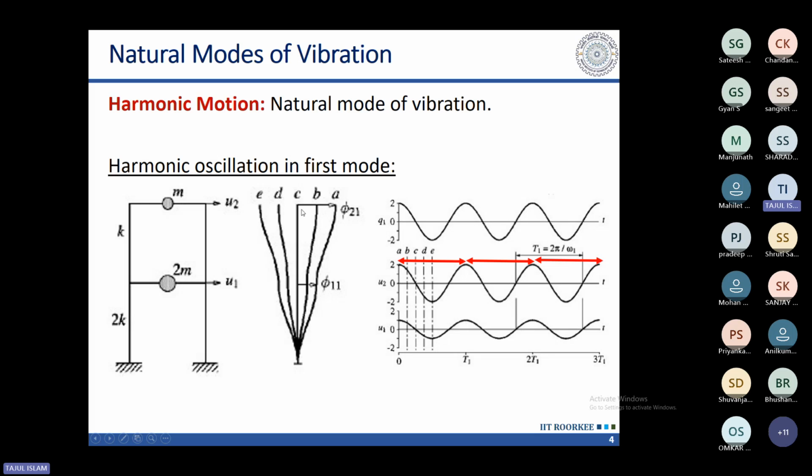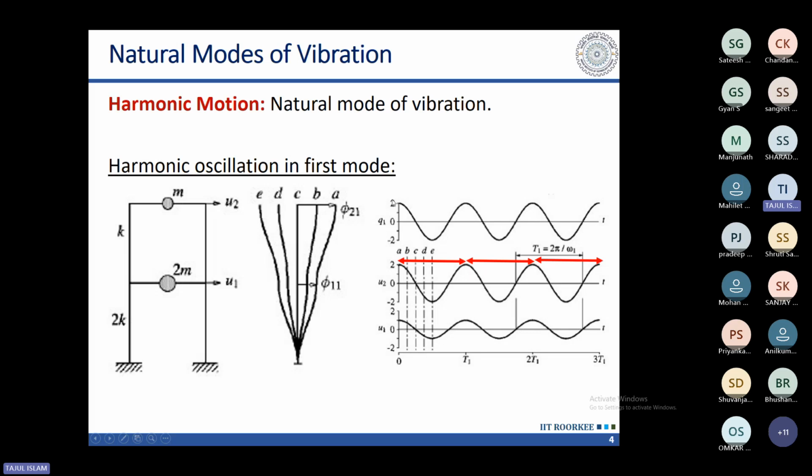This oscillation means coming in this direction, then going back, again coming. You can plot it in an XY plot like that. In the X direction you have time, and in the Y direction you have amplitude. This is the amplitude we have applied.